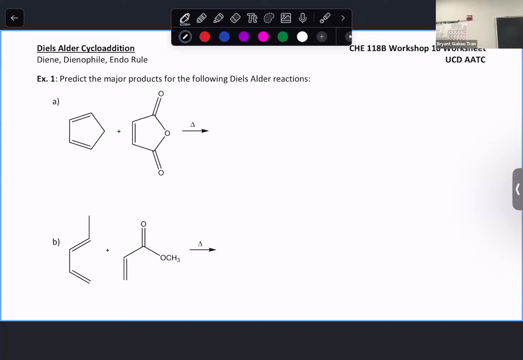That pushes this double bond here, and that pushes that double bond to make a lone pair, where that's the partial negative charge. Yeah, that's right.